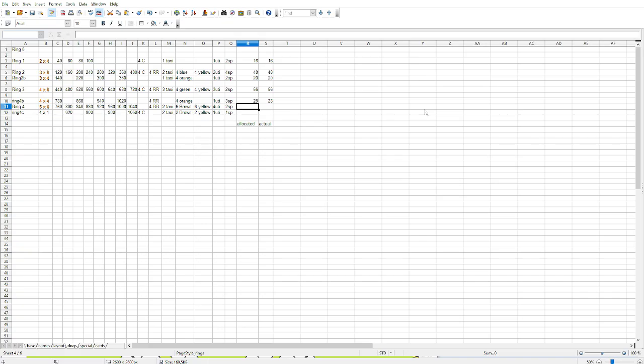Hmm. Oh yeah, this also brings up the question of how many of the yellow and brown cards are in ring 4C now, because when I originally came up with the yellow and brown card distributions, ring 4C didn't exist. I need to figure that out now.